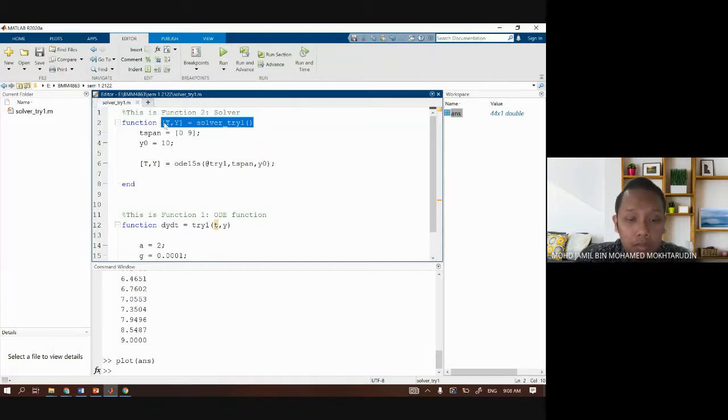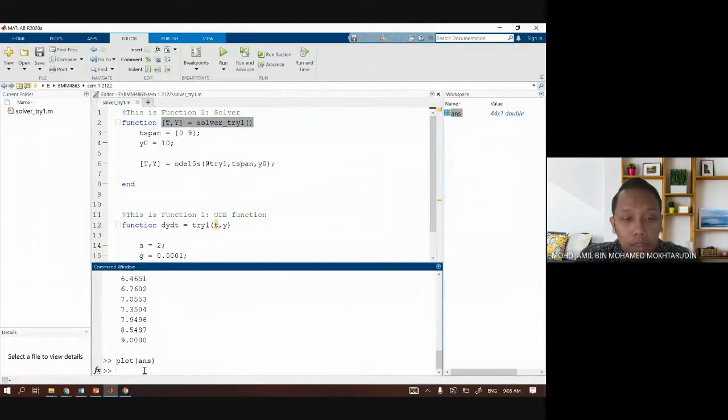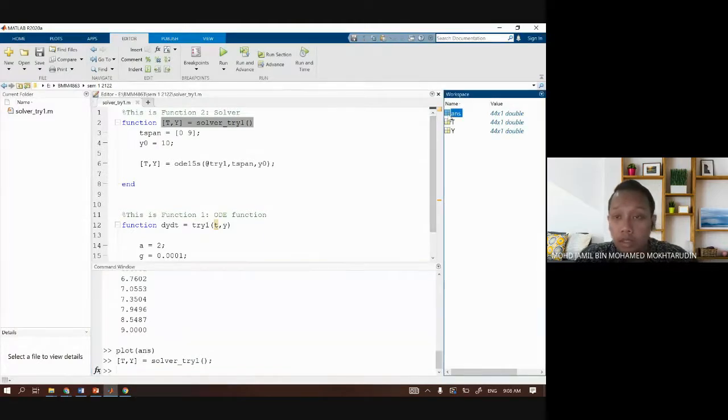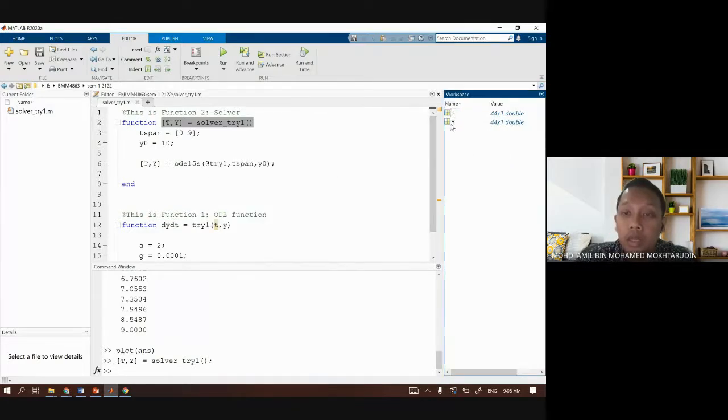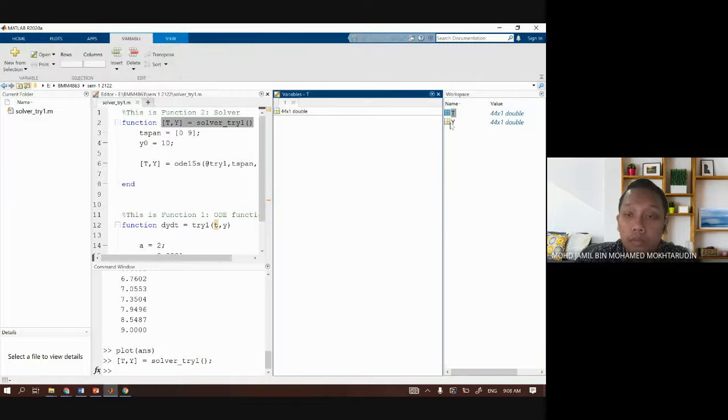Copy this and put it in the command window and just press enter. Here you will get your variables t and y. Basically you get your solution for y and the time range for the solution.